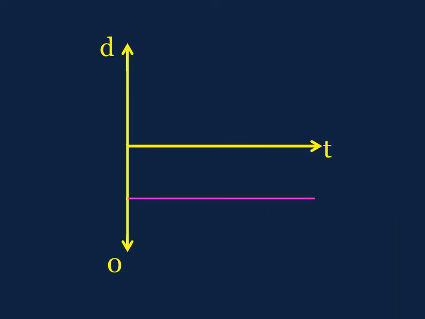If you understood those two, you should be able to tell me what this one means. Uh-oh, there's a mistake on here. I need to get rid of this 0 down here. This 0 should have been put right here. So if 0 is in that position, what must be the location of this object? Well, we know it's at rest again. How do we know it's at rest? Because it's a horizontal line, but the question is, where is it at rest?